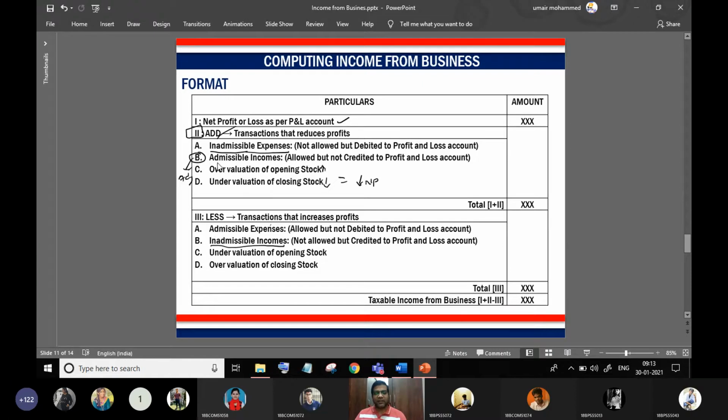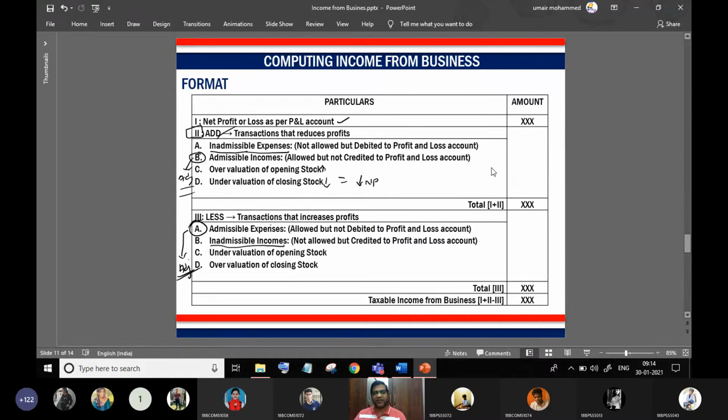Likewise, the way we had admissible incomes here, we also have admissible expenses. What do we mean by admissible expenses? These are expenses which are related to business and allowed by the income tax department, but unfortunately are not recorded in the profit and loss account. So where do we find them? In the adjustments.